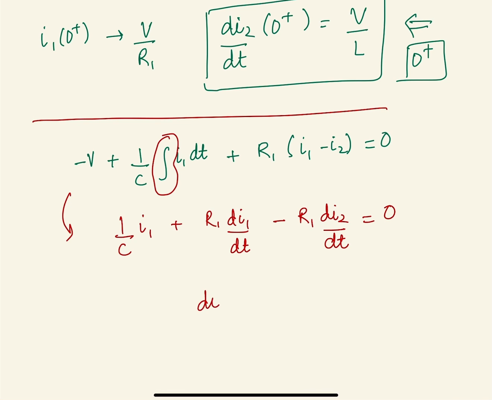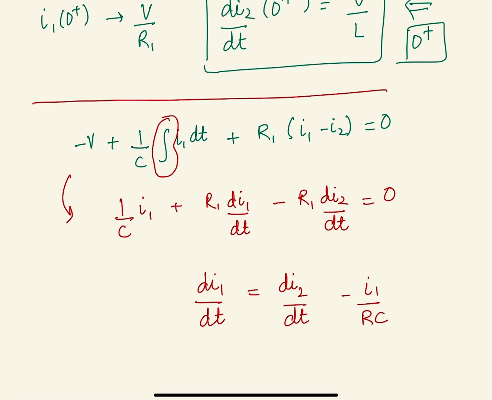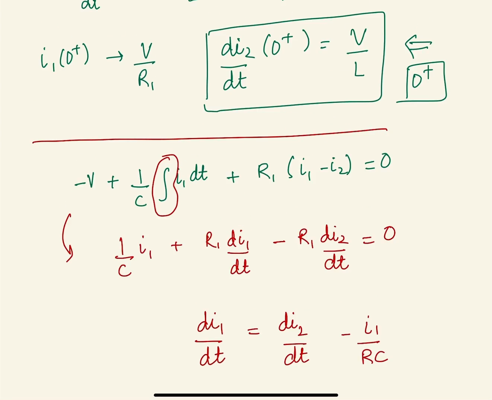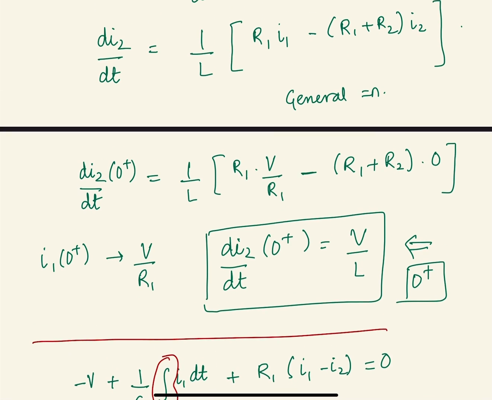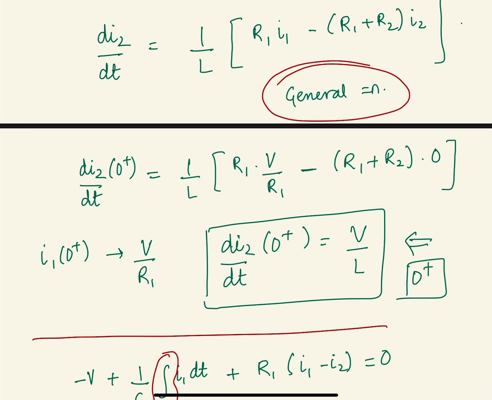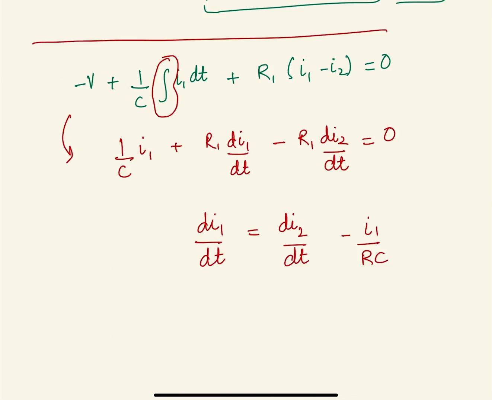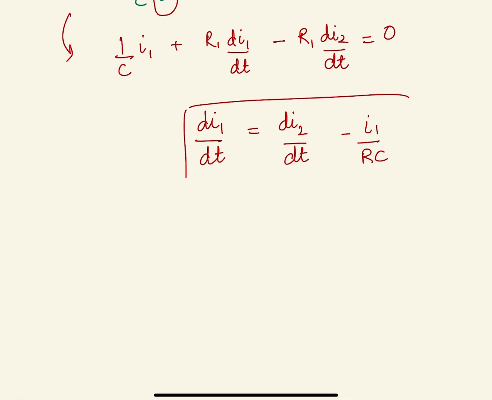So what will I write here? On the left hand side, I'll keep di1, and I'll say that di1 by dt is equal to di2 by dt minus I1 divided by RC. So this is again, like I said here, the general equation. Similarly, this also is the general equation.